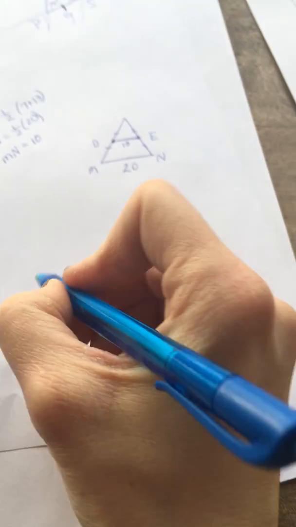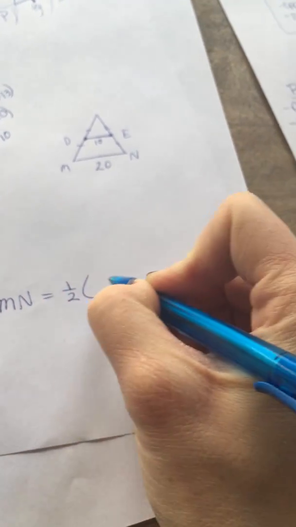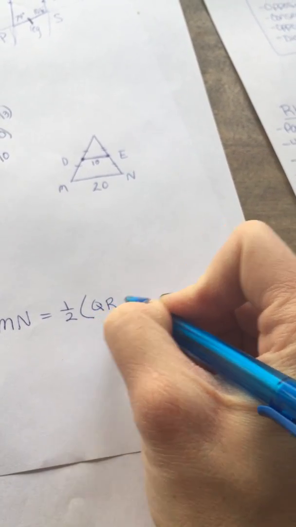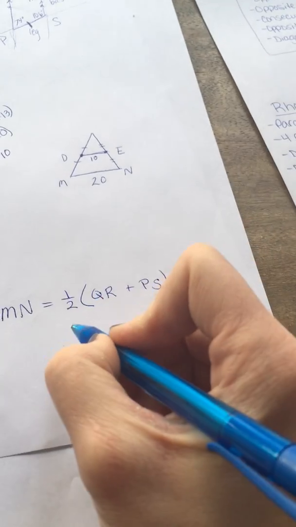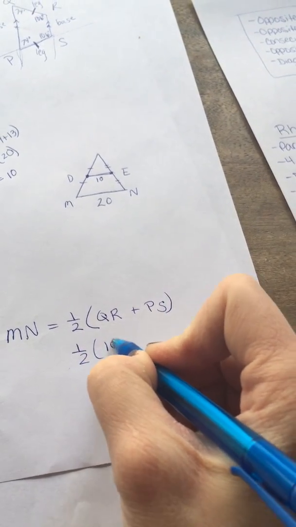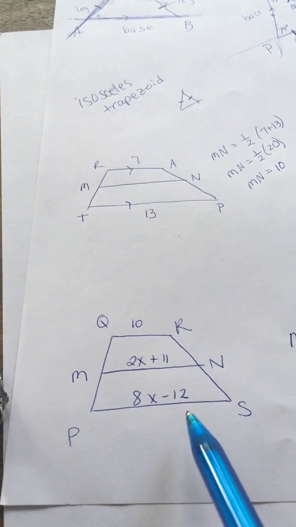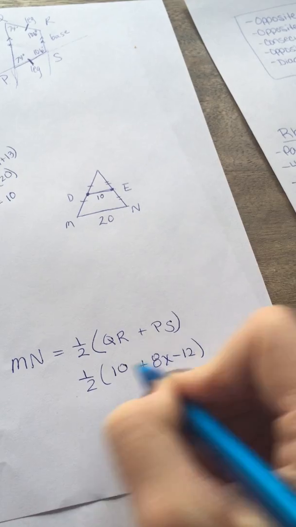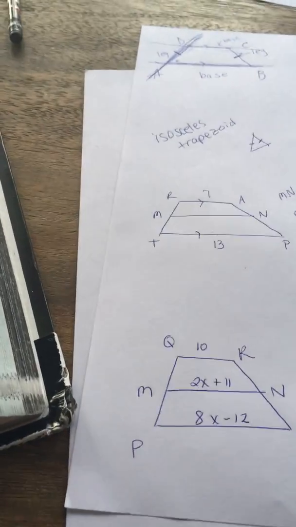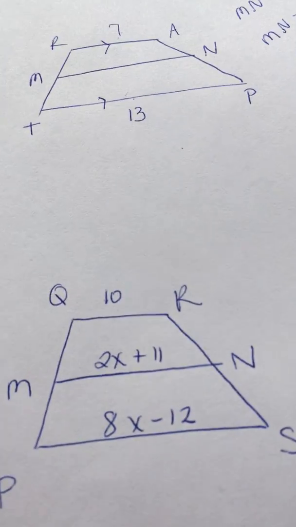So because of that, I know that MN will be 1/2 the length of QR plus the length of PS. So QR is 10, and the length of PS is 8x minus 12. I'm trying to find x. That was the first thing they asked for in Got It number 3.